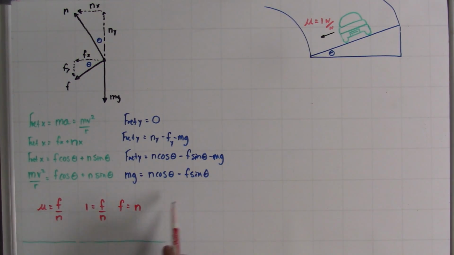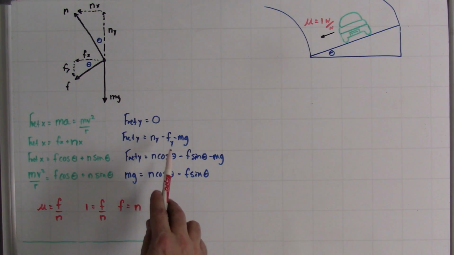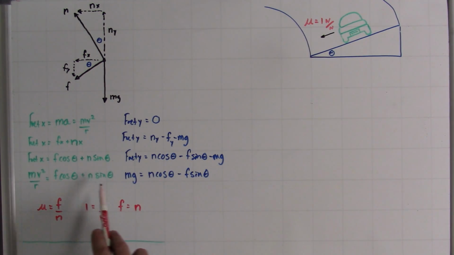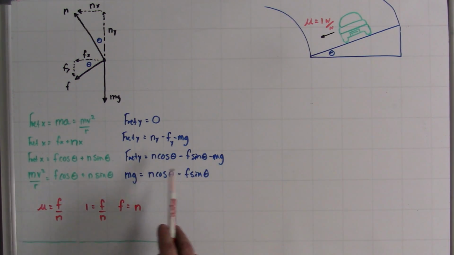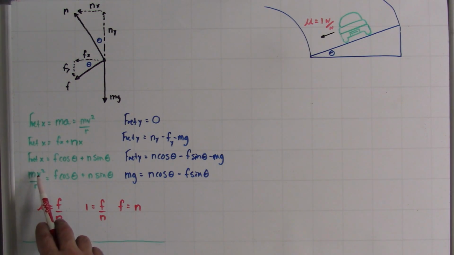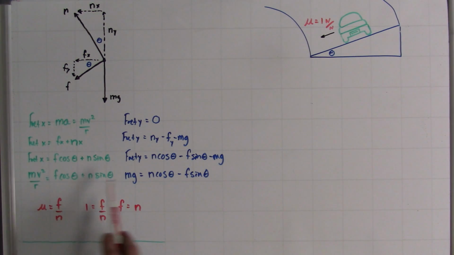I think this is going to be an important substitution as we work through these problems here, as we do our substitutions here. Because the question says, how fast could you go under these conditions? So again, we're solving for the speed. Okay, and if we're going to solve for the speed, I think we're going to need to know everything but that. So how do we go on from here?